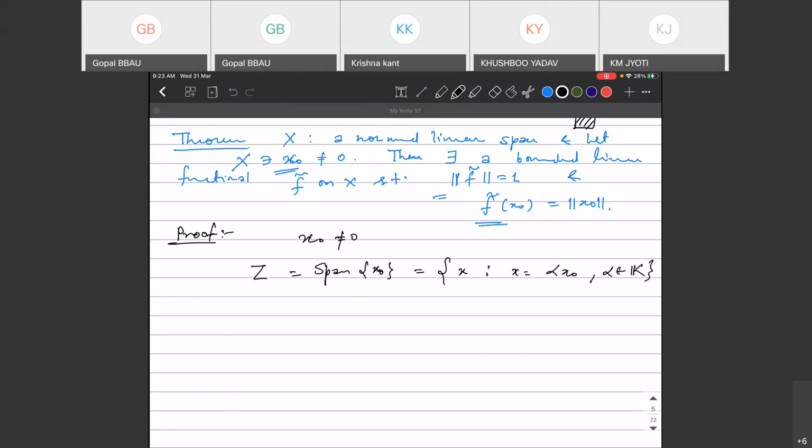This is the subspace spanned by x naught.